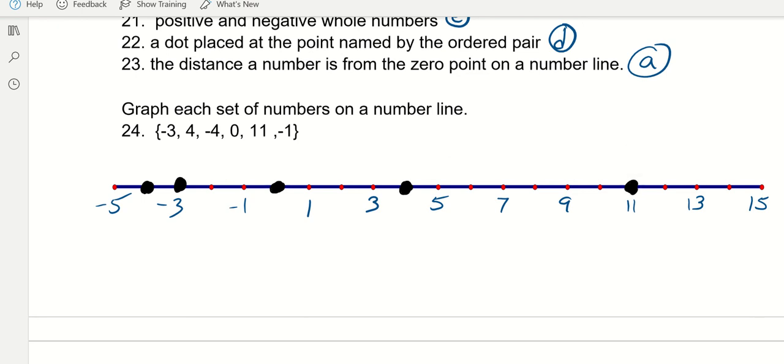I've already done -1. Hang on. Oh, no, I haven't done that. I did 0. Excuse me. -1 is here next to 0. There we go. Let's make sure I got them all. -3, 4, -4, 0, 11, -1. All right, good.